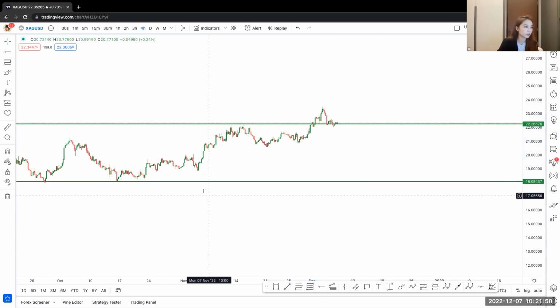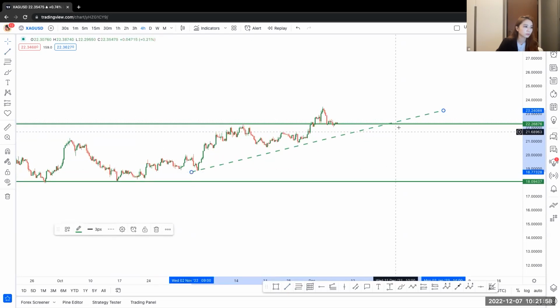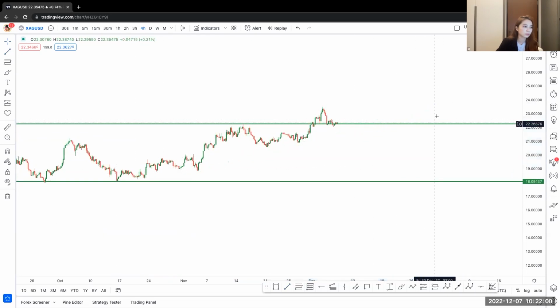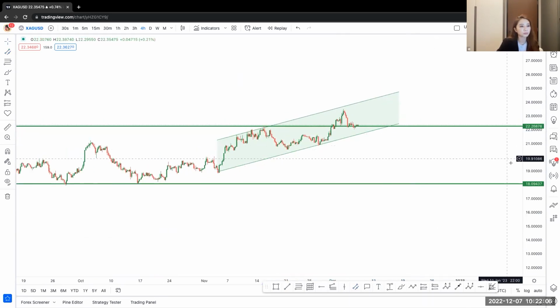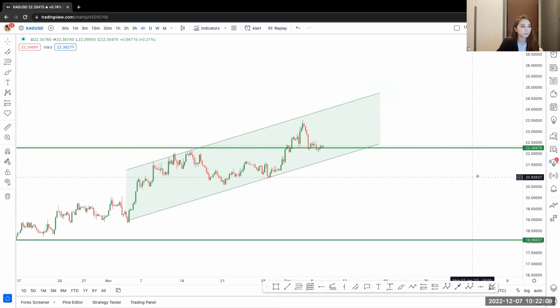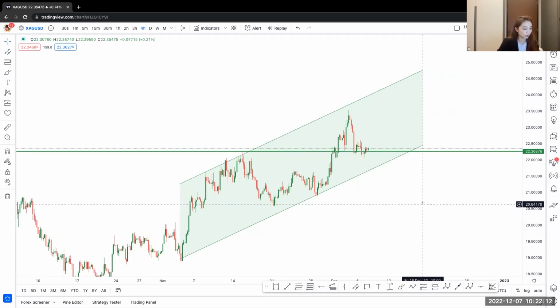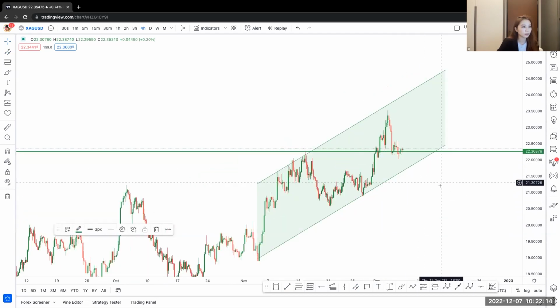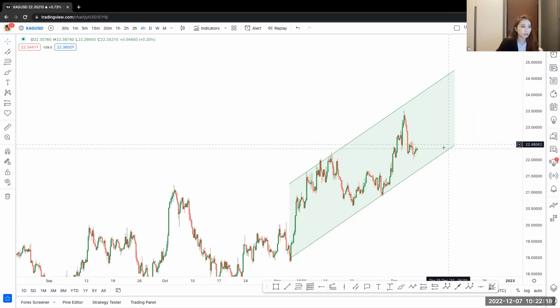Let me just redraw the trend line. Instead of a trend line on H4, it looks like a channel. Yeah. So in my viewpoint, I would choose to remove this.